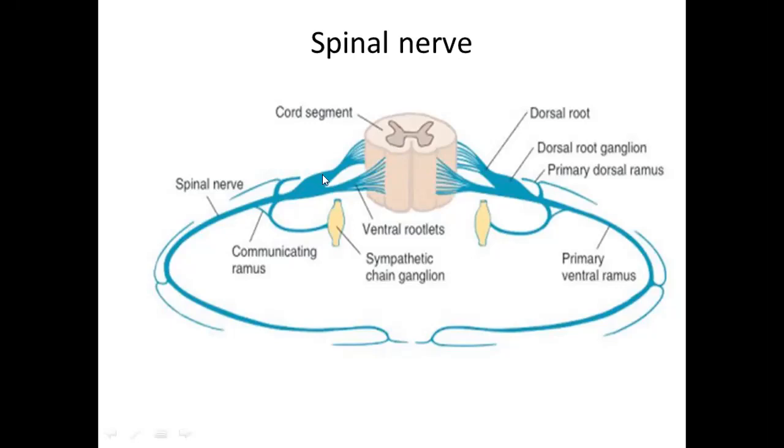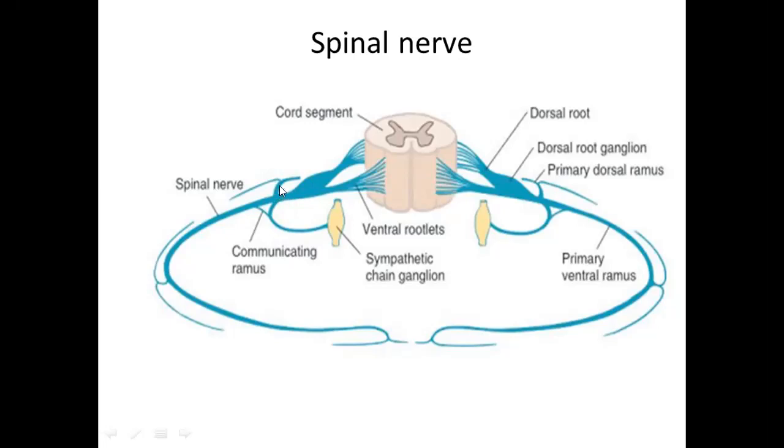The two roots unite together to form what is called the spinal nerve. The sensory root is purely sensory. The motor root is purely motor. But after their union to form one spinal nerve, this is a mixed nerve.